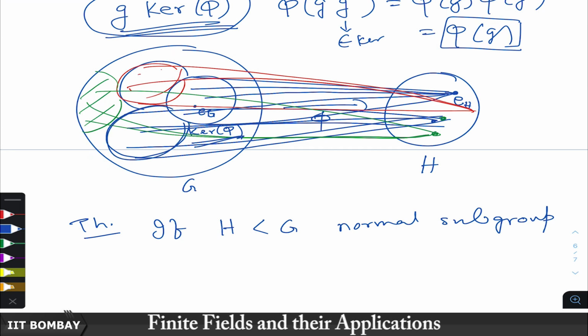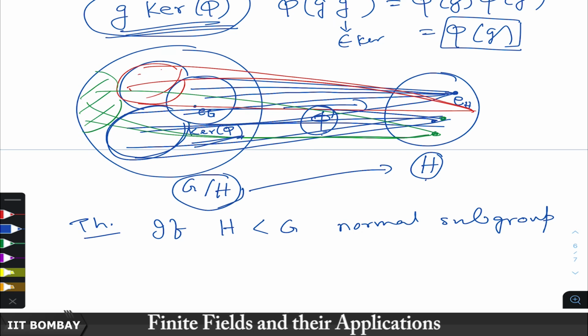So, these cosets form a quotient group G by H. And this phi group homomorphism defines a homomorphism from the quotient group to H, because every coset goes to a single element, and one can check that because phi is a group homomorphism, when phi is viewed as a mapping from the quotient group to H, this is also a group homomorphism.